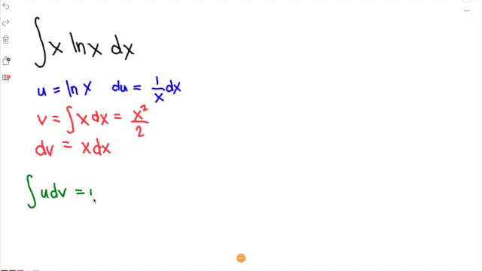So now that we have identified our equation as u dv, let me write it down here. This is our u and this is our dv. So our equation now takes the form u dv. We can write our answer as uv minus integral of v du.